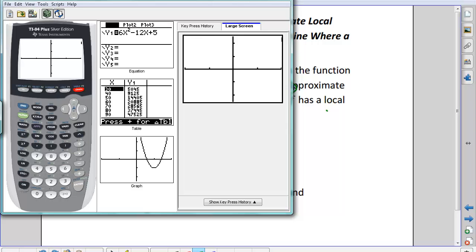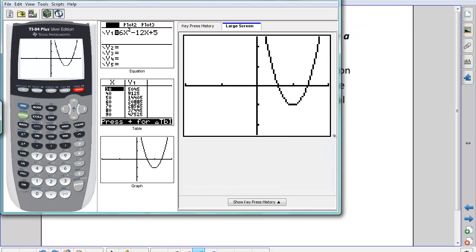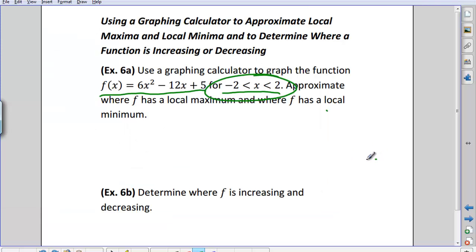If we graph that, there is our graph. So there it is. It says approximate where f has a local maximum and a local minimum.